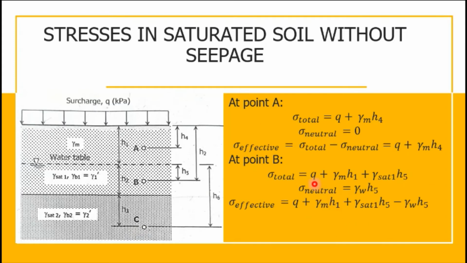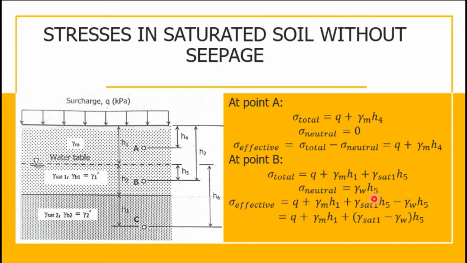So the total stress is equal to Q plus moist unit weight H sub 1 plus saturated unit weight sub 1 H sub 5 minus the neutral stress, which is equal to unit weight of water multiplied by H sub 5. To further analyze, let us look at the last two terms of the equation.